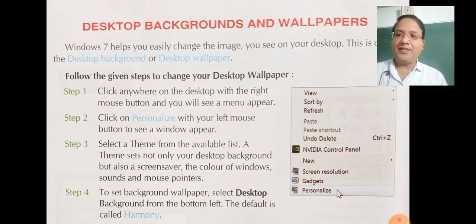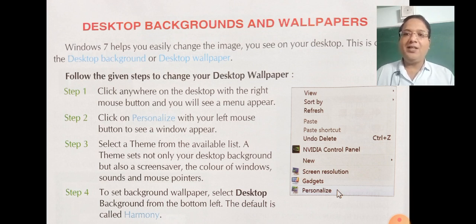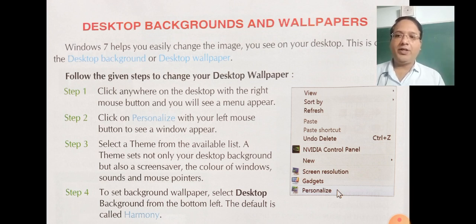A theme sets not only your desktop background but also a screensaver, the colors of the windows, sounds and mouse pointers. Step fourth, to set background wallpaper, select desktop background from the bottom left. The default is called Harmony.